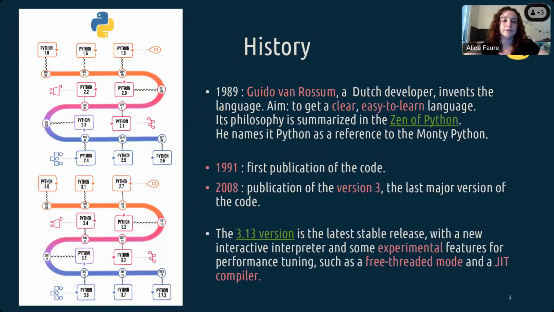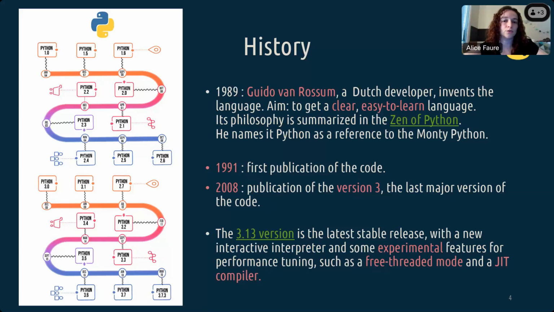You can use it for a bunch of things, and for object-oriented programming as well. So let's delve into the history of Python to understand why it's like that today. It has been around for more than 30 years. It was first published in 1991, created by a Dutch developer whose aim was to get a clear and easy-to-learn language. It was really the point of the creator to make it easy to use. He summarized its philosophy in the Zen of Python.